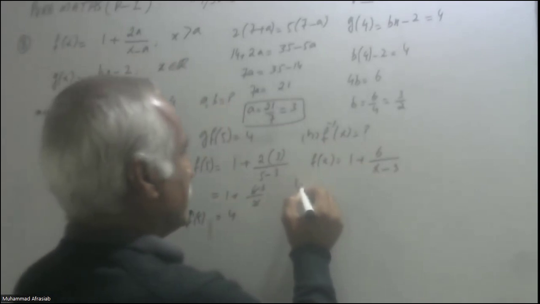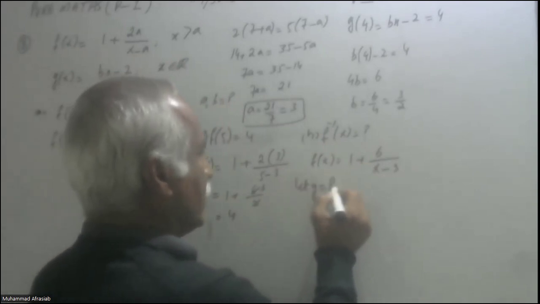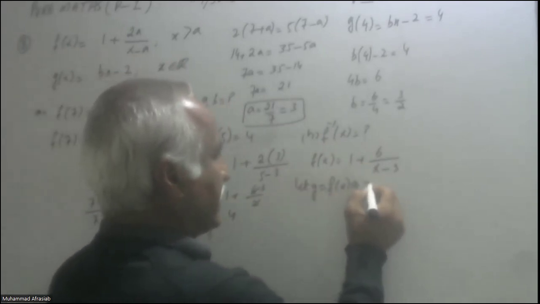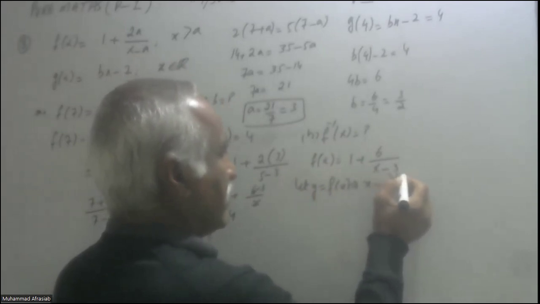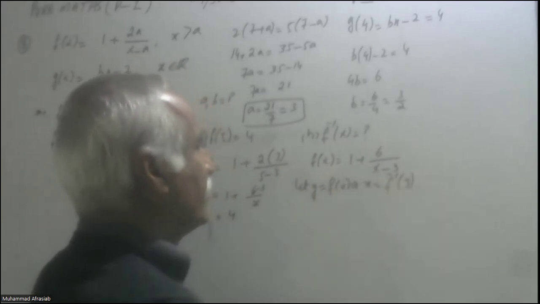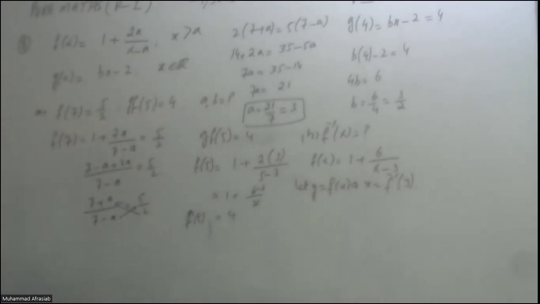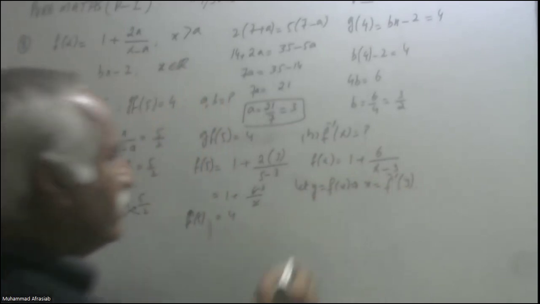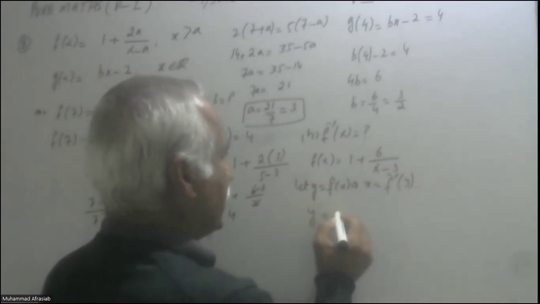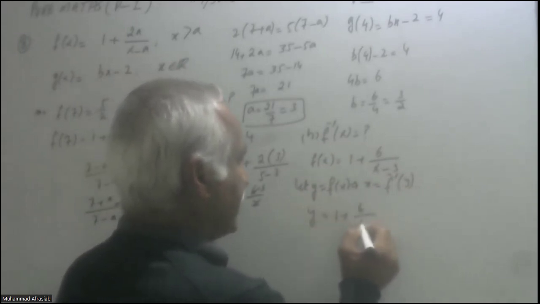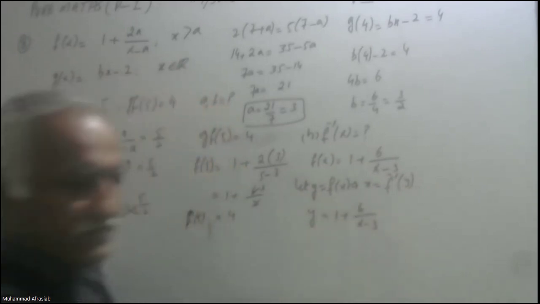Let y equal f of x, then x is equal to f inverse of y. So you are going to make x the subject of this equation. y is equal to 1 plus 6 over x minus 3.